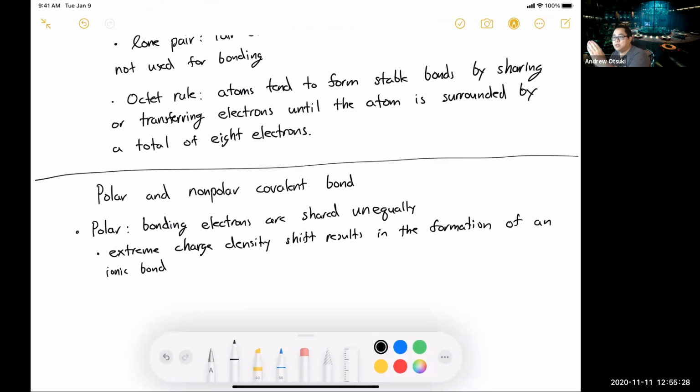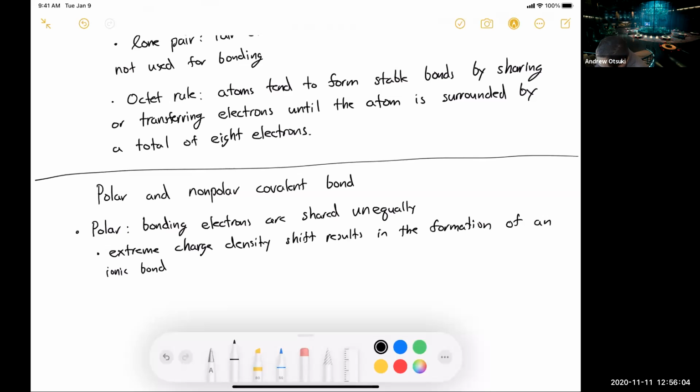The more polar covalent the bond, the more you're trending towards ionic, because that's a complete separation of charge. One atom attracts the charge so much that it becomes an anion, and the other atom loses the electrons and becomes a cation. So polar covalent is kind of in the middle between pure covalent and pure ionic bonding. Most covalent compounds are always somewhere in the middle.